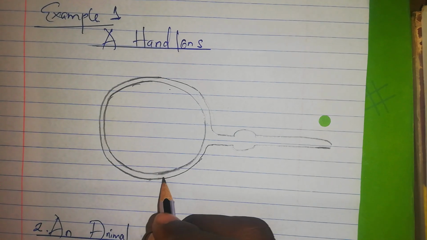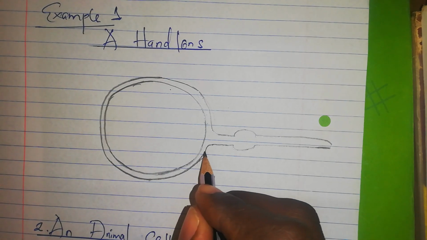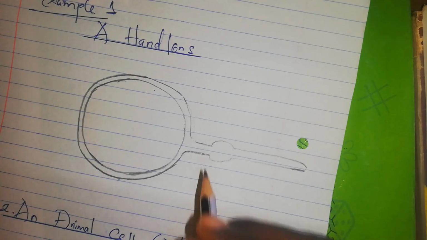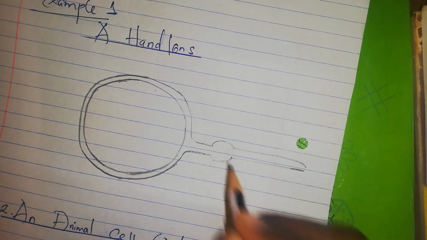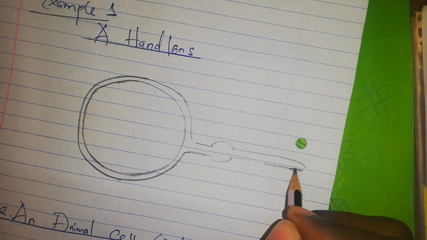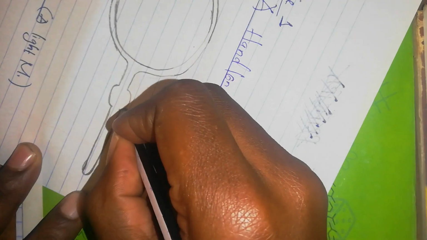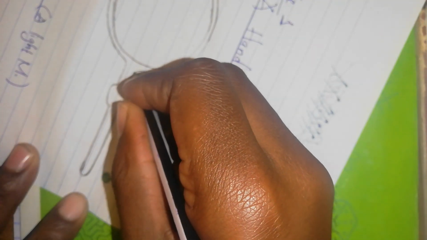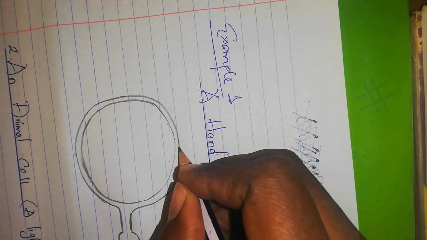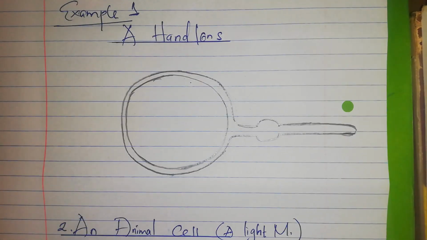So I'm almost done doing the frame, and all the way as we go to the handle. Some students call it hand, but it is wrong. It should be the handle. Drawings that we make in biology must be done using a free hand.